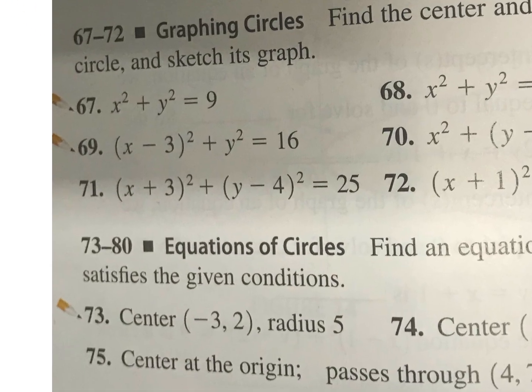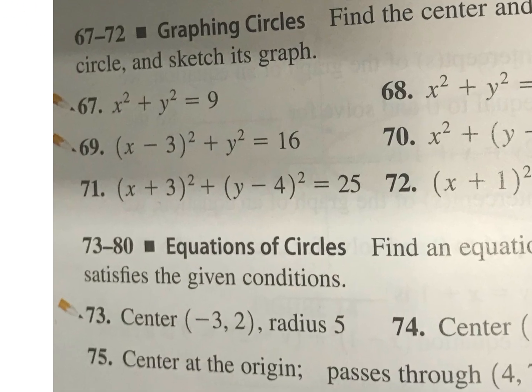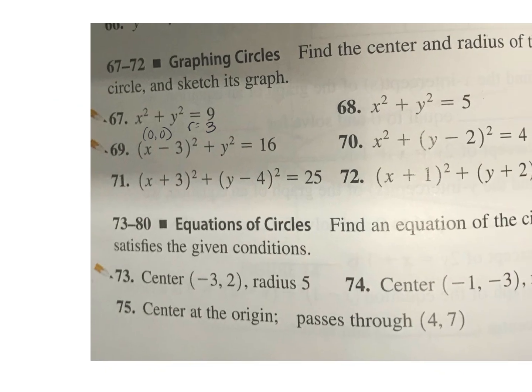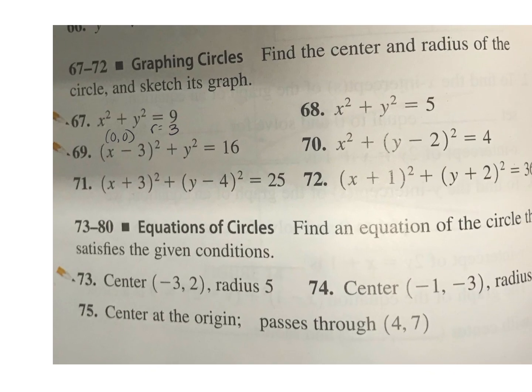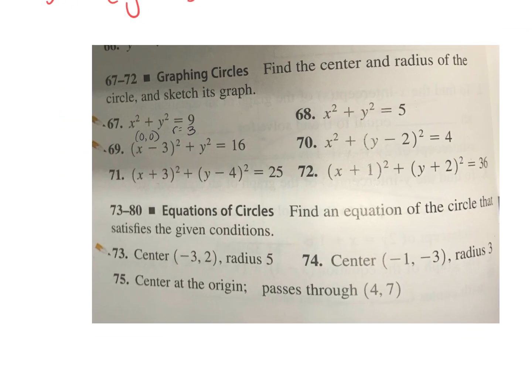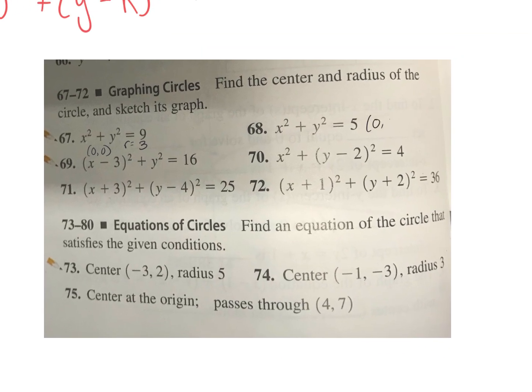So for 67, since we have x squared plus y squared, our center is at (0, 0). And then our radius would be 3. Why 3? We take the square root of 9. So your radius is always going to be the square root of whatever the number is by itself on the right. For 68, we have the center, again, at (0, 0).